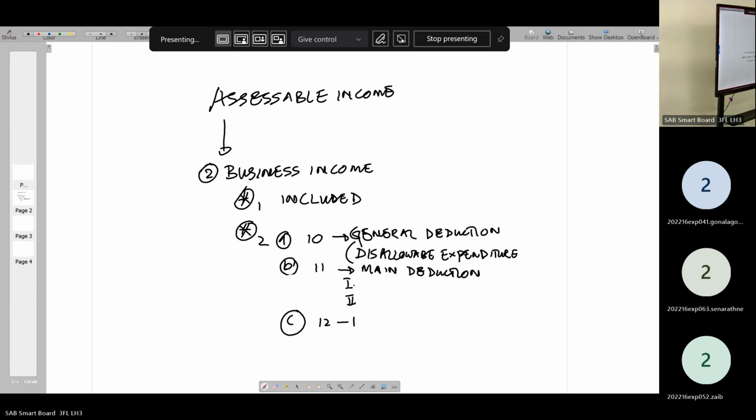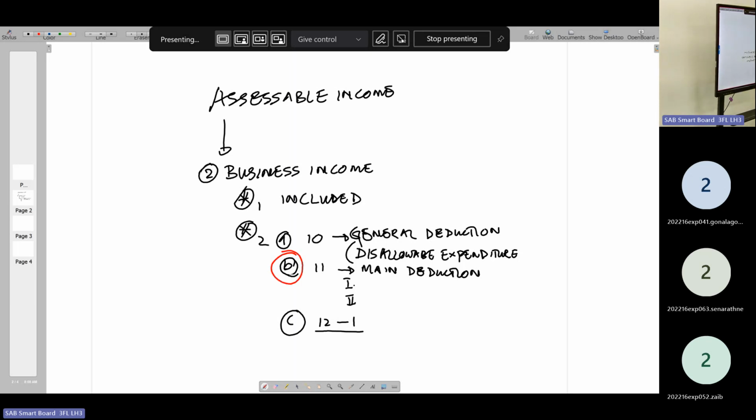These particular sections especially tell us what type of expenditure we can deduct and whether there is any limitation for the deduction. Actually, the first thing we have to check is whether a particular expenditure can be deducted under section 11, that means under the main deduction section.